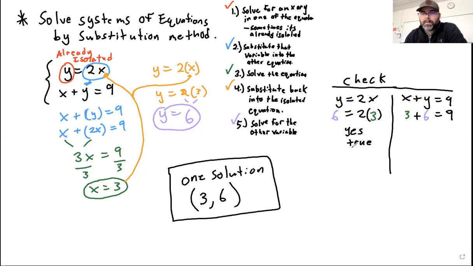This means that it fits that equation. Does 3 plus 6 equal 9? Yes, this is true. So it fits that equation. So this fits both equations. So it is the only solution that'll work for this system.